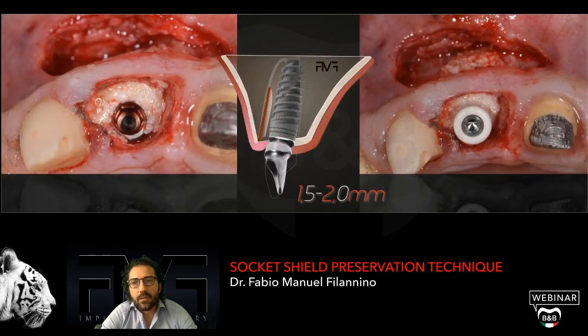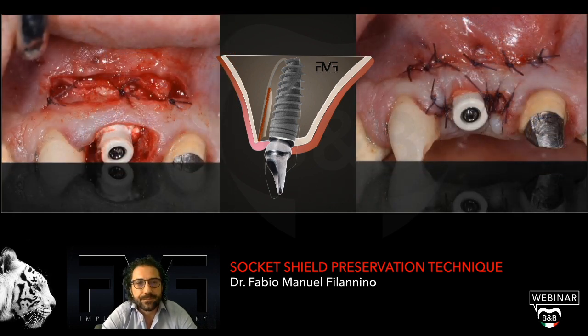And of course, when the jumping gap is around 3 millimeters or more than 1.5 millimeters, we can use biomaterial. Like we did in this case, we used biomaterials in the gap and in the periapical area.